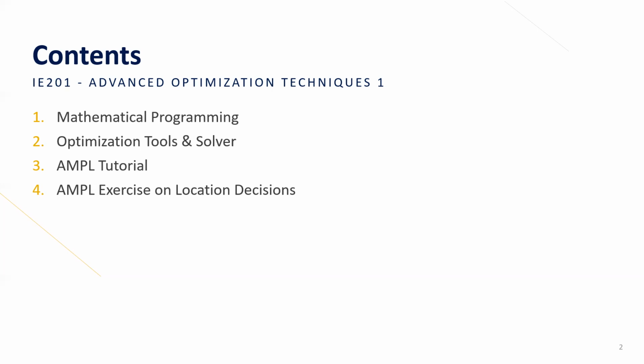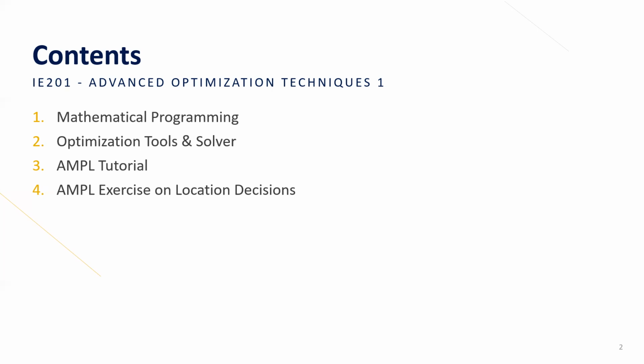And I think that AMPL is not a software, it's an optimization tool that can call many different software as necessary. For example, you can use the AMPL tool to call the Cplex solver, or to call the Gurobi solver.